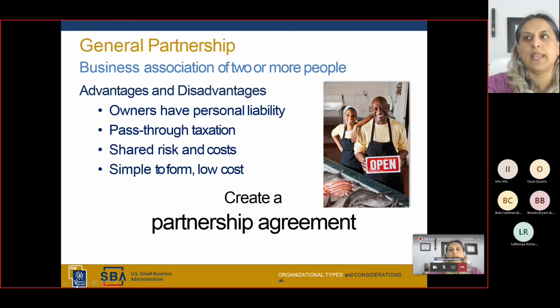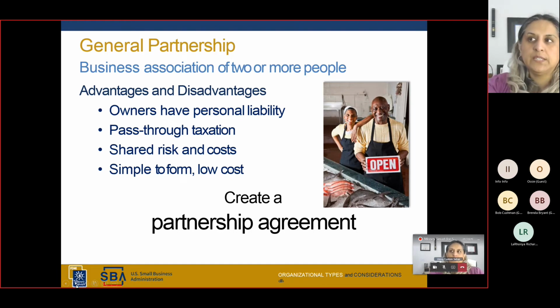The partnership must file an annual information return with the IRS, the U.S. Internal Revenue Service, to report the income and losses from the operation, but it does not pay federal income taxes. The partnership passes through any of the profits and losses to its partners, which are divided based on the partnership's agreement.